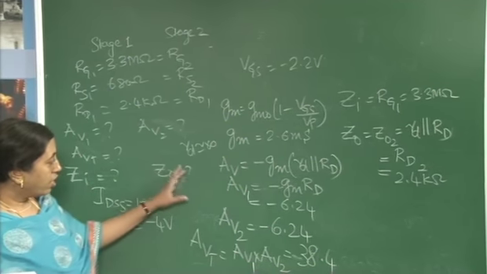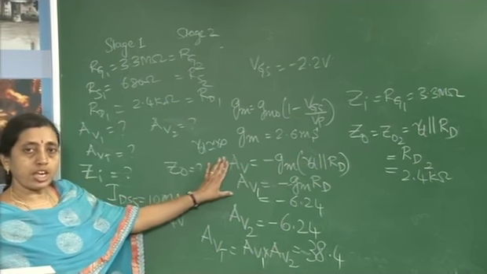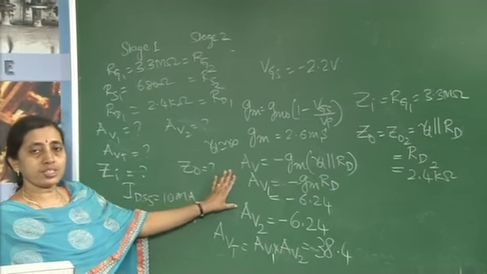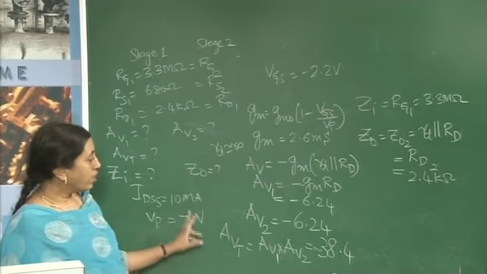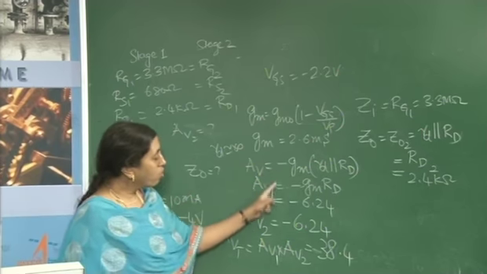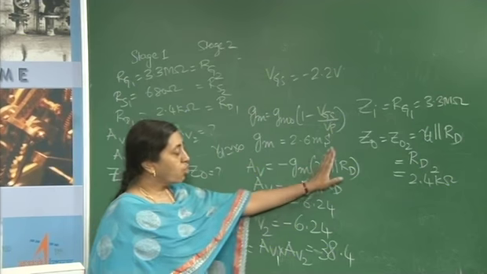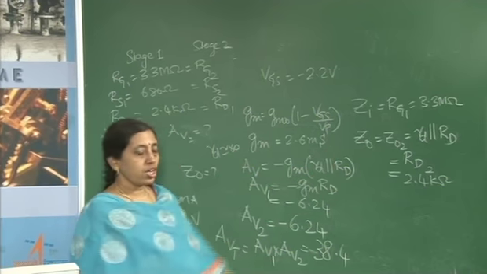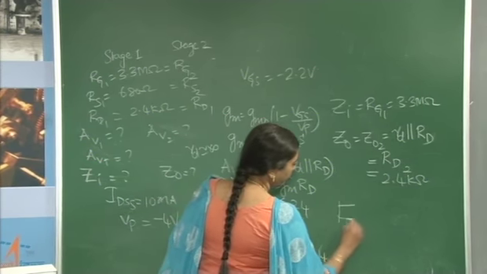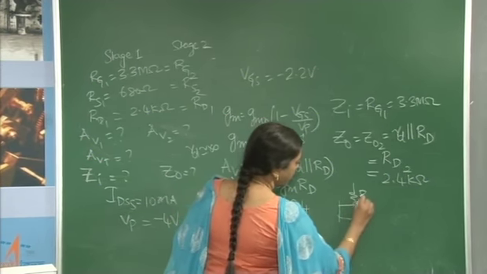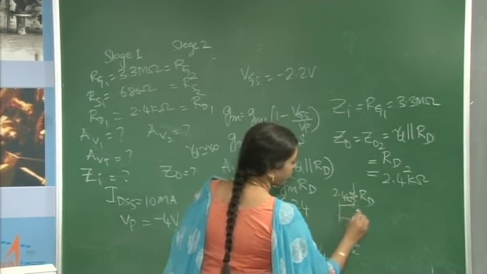So, we just now evaluated the overall voltage gain, input impedance and output impedance in the case of a cascaded configuration. One thing is, while finding the voltage gain of the first stage, we have to consider the loading effect of the second stage. The loading effect of the second stage will be, this is Rd, that is 2.4 kilo ohms.